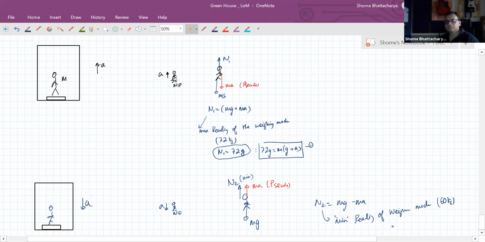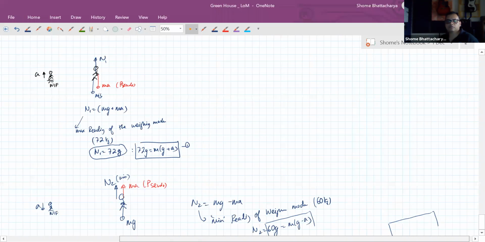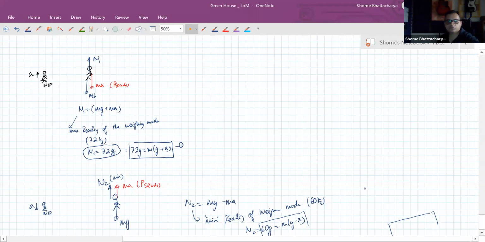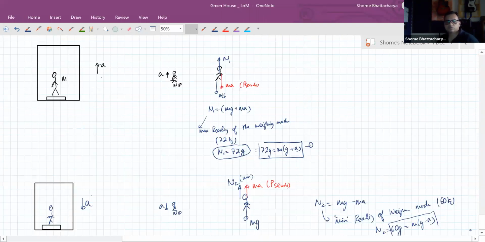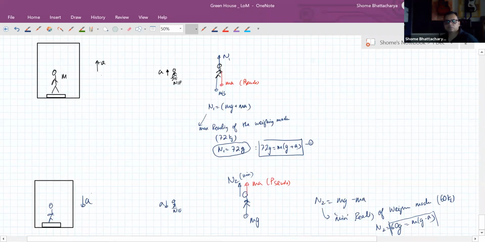So 60 g is the value of N2, which is m into g minus a. So now just solve equations 1 and 2 and you will get the value of whatever you require, whether you're solving for m or for a or whatever.